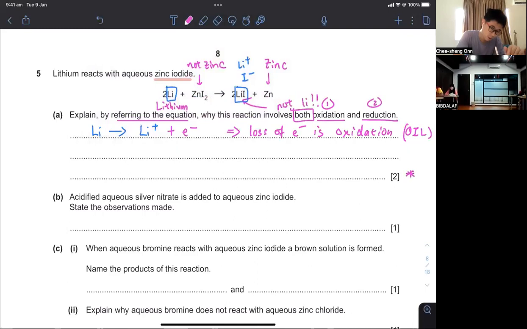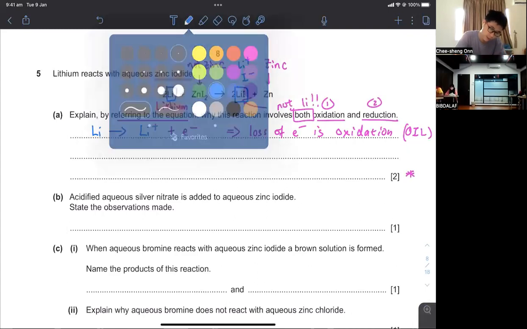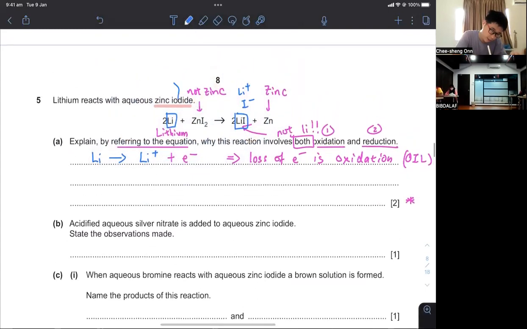Okay. Now you should be able to do the zinc as well. The zinc iodide, if you know from paper 3 qualitative analysis or paper 4 qualitative analysis, you know that zinc ion exists as Zn2 plus, and I minus, you have 2 of it, and then you get ZnI2. So the idea here is you have Zn2 plus here, and you have Zn on the other side.